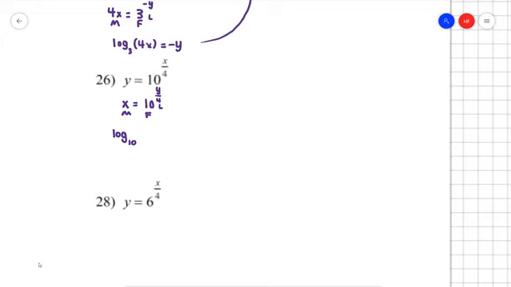So log base 10 of x is equal to y divided by 4. We'll multiply by 4. And then we can change that to an exponent if we want to. So this is log base 10 of x to the 4th is our inverse function there.